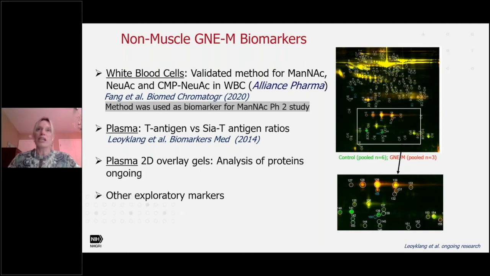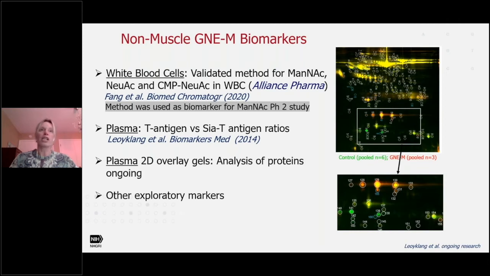We did a similar experiment of patients from our phase 2 trial before therapy in green, and after therapy in red, and see how the ManNAc therapy changed proteins in patients. And then we can see if these proteins are similar to the ones that are different in controls versus patients, and then you can identify a possible valid biomarker.